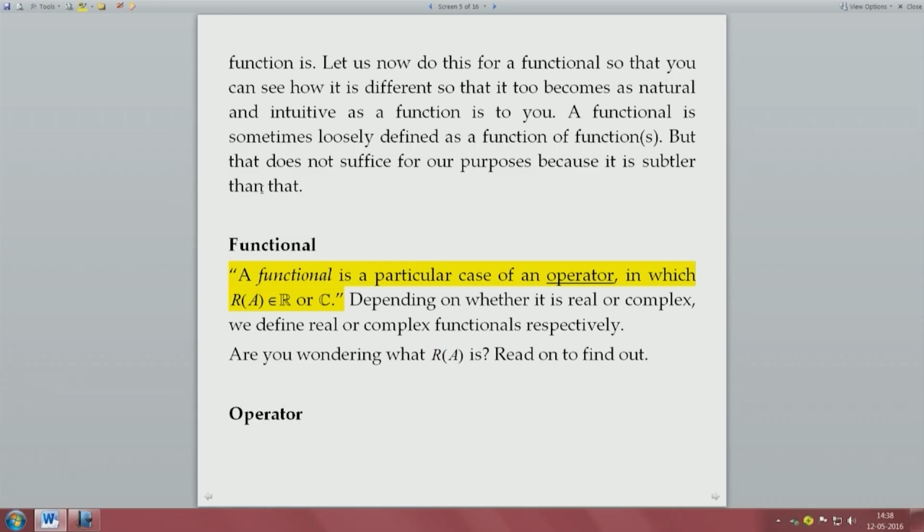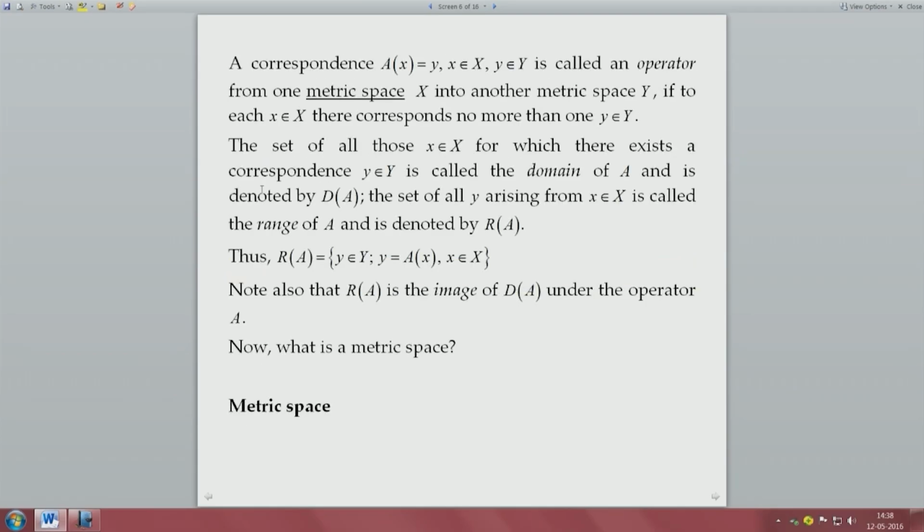But then we said an operator, so we have to define what this operator is. In the definition we said a functional is a particular case of an operator in which the range is the real number space. Now what is an operator? An operator again is a correspondence, A of x equal to y. If x is given, it will find y by doing an operation called A of x, like f of x. So this operator is defined from one metric space to another metric space.